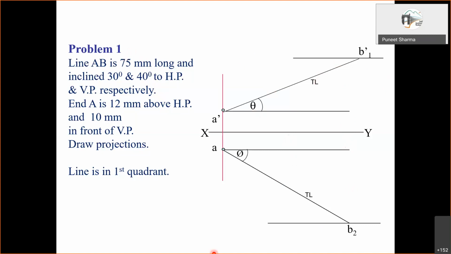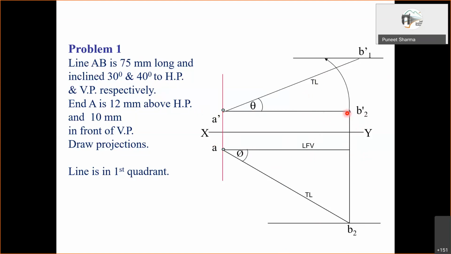Now we have to obtain the reduced length. So the reduced length of the top view is obtained, and corresponding to this top view, the front view will be parallel to the XY line. So B2 dash is located. Then this is the length of the front view available here, and of course it is available here also, but we should be using this one, right?